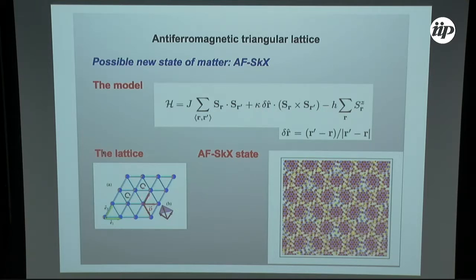It's just R prime minus R, the distance between the two. And K is a strength that we will vary to analyze the different phases. The new thing when you study this model is that you get a state like this, which I will describe in detail in the next slides.